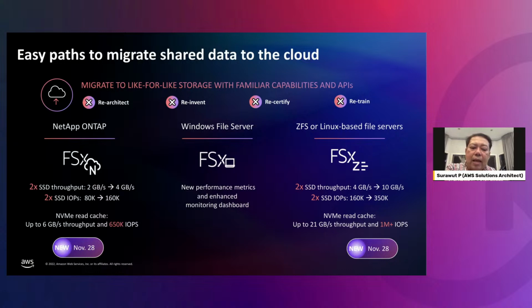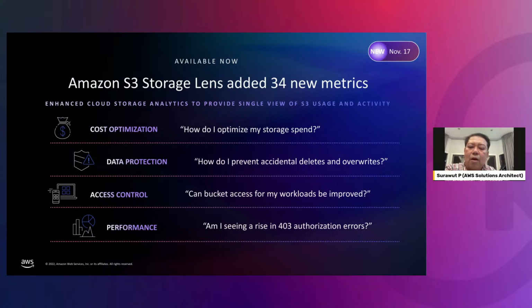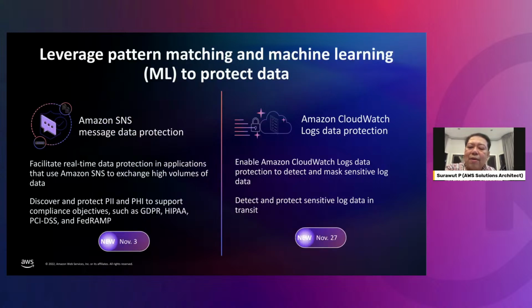Yep, we can handle more than 1 million IOPS. Okay, I will skip the detail right now. But just a highlight, it allows you to seamlessly integrate on-premise and on-cloud data sharing to Amazon network infrastructure.